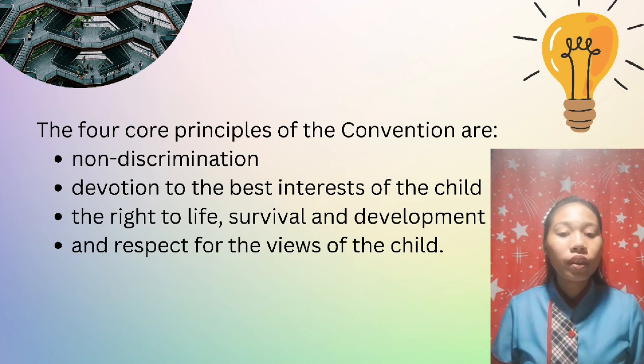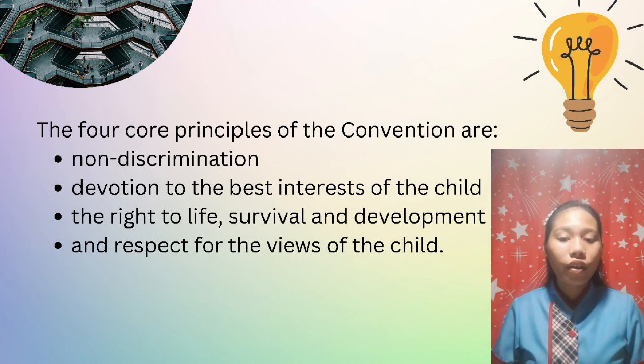Article 2, first paragraph, states that parties shall respect and ensure the rights set forth in the present convention to each child within their jurisdiction without any discrimination of any kind, irrespective of the child's parents' or legal guardian's race, color, sex, language, religion, political or other opinion, national, ethnic origin, poverty, disabilities, or other status.